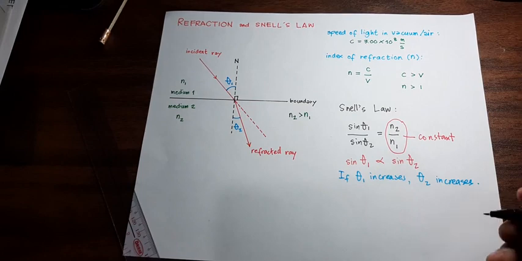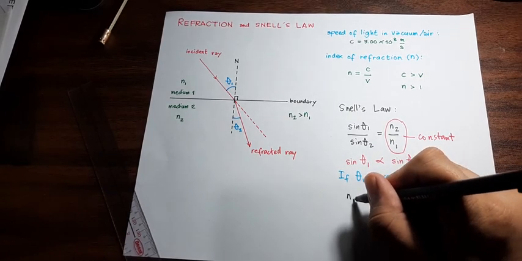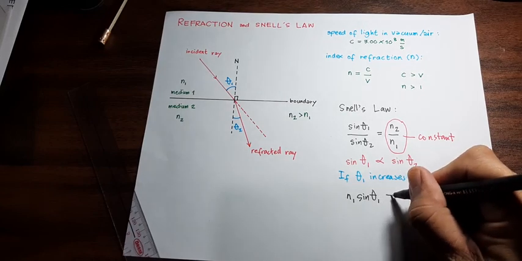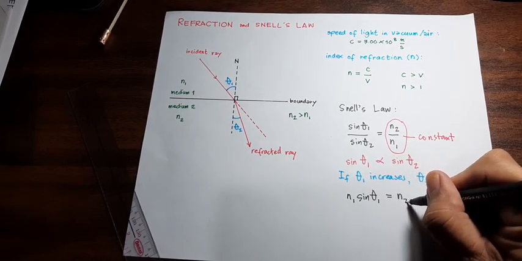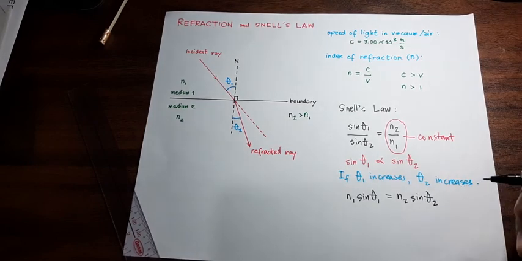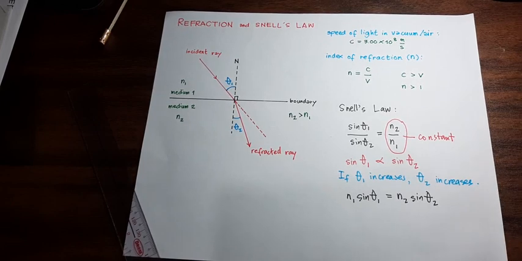Now, Snell's law can also be written as N1 sine angle 1 is equal to N2 sine angle 2. And if there's a third medium, then that's equal to N3 sine angle 3.